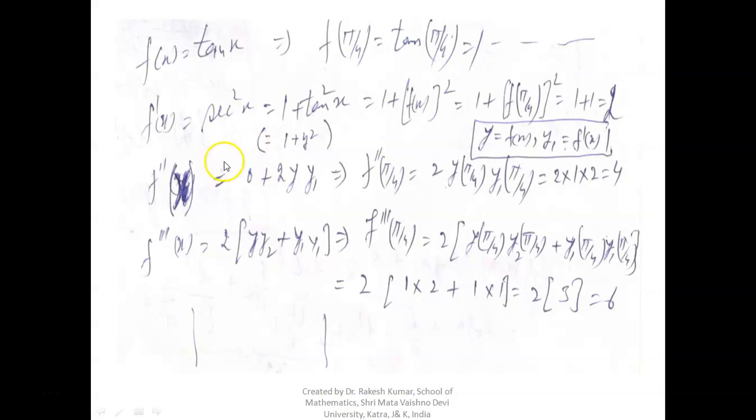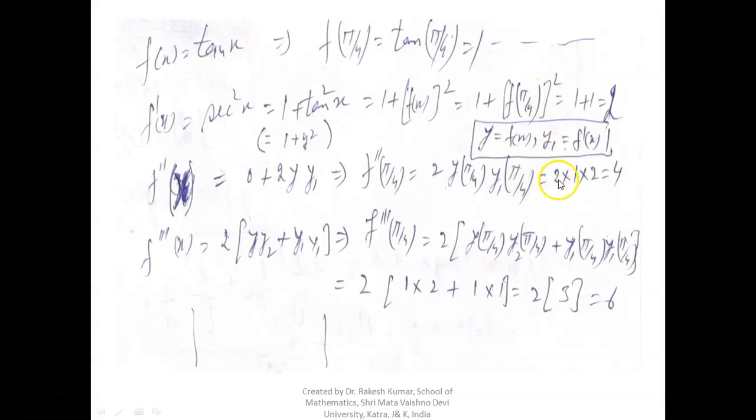For obtaining f double dash x, we will differentiate f dash x once more, that is, differentiate this with respect to x. The derivative of 1 is 0, and the derivative of y square is 2 times y into y1, meaning dy upon dx. Therefore we just substitute the values: 2 times y at pi by 4 and y1 at pi by 4.